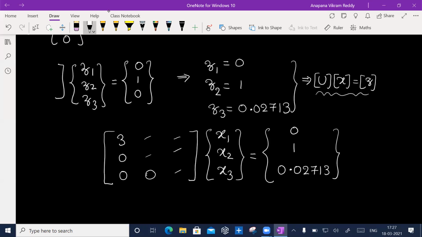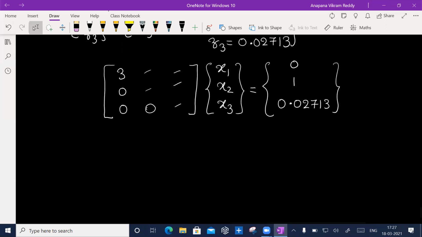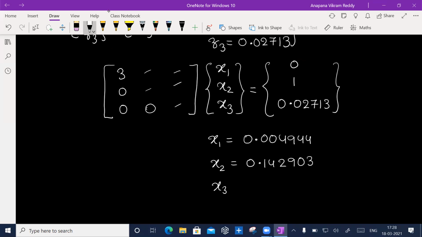Okay. Now if you do this, you must get x1 is equal to 0.0044944. x2 is equal to 0.142903, and whatever x3 you obtained, I'm taking all approximate values, 2701.